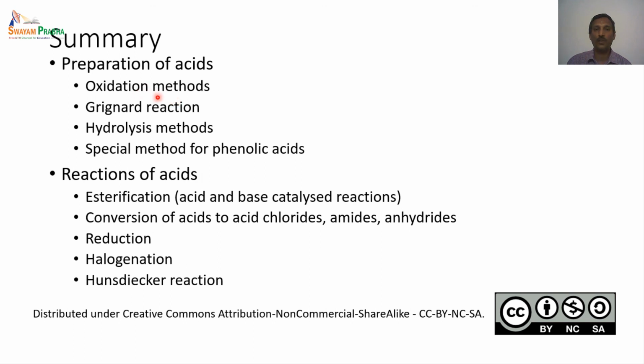We also have studied the Grignard reaction, how it can be used with carbon dioxide to create carboxylic acids. We also have studied various hydrolysis methods, mainly ester hydrolysis, and special methods of phenolic acid preparation.